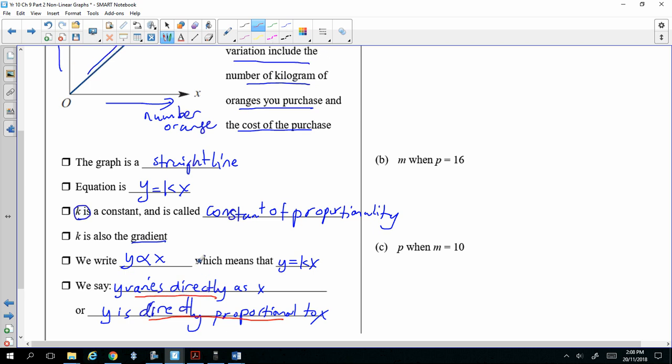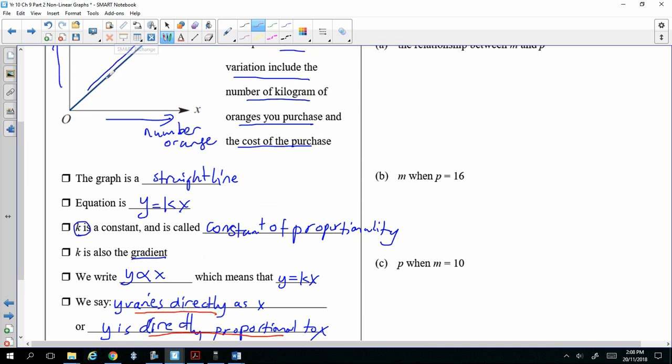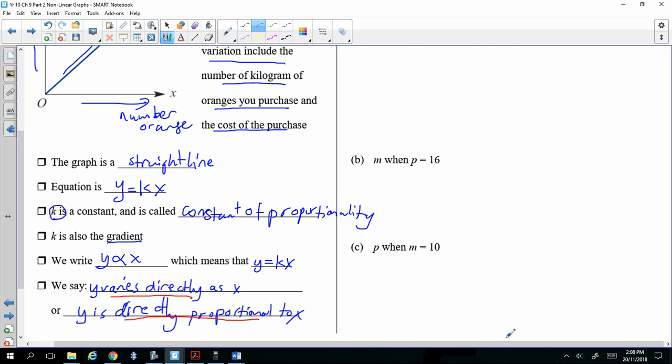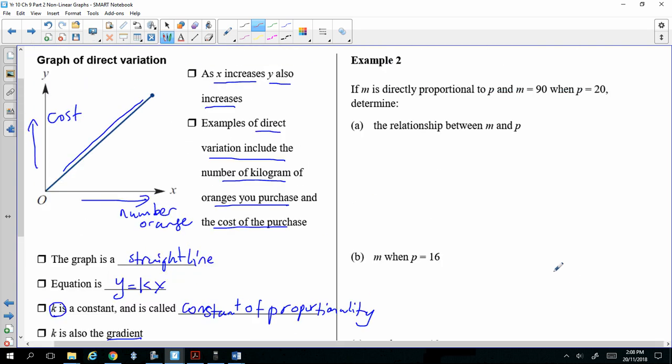Okay, so we did that, and then we're going to do some examples. So that's example 2. It's very simple. The word m is directly proportional to p. So when you see that statement, you can say m is proportional to p, which means I can write the equation m equals kp, where k is a constant.